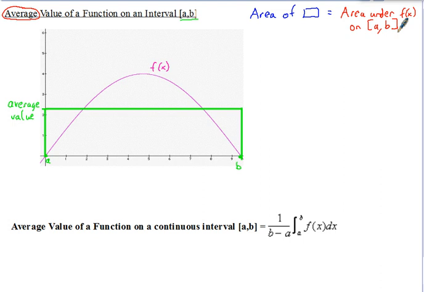Well, the area of the rectangle is base times height. To get the base of the rectangle, notice you can just go b minus a, which would give you how far that distance is. And to get the height, well, the height is just the average value, whatever that actually is.